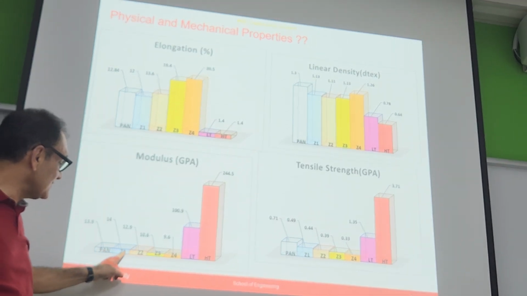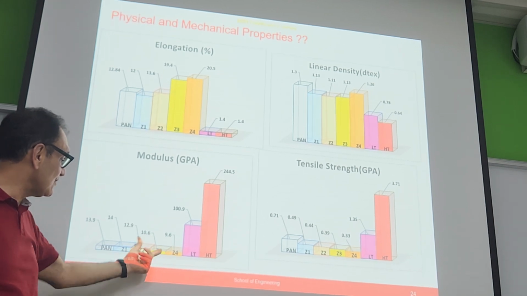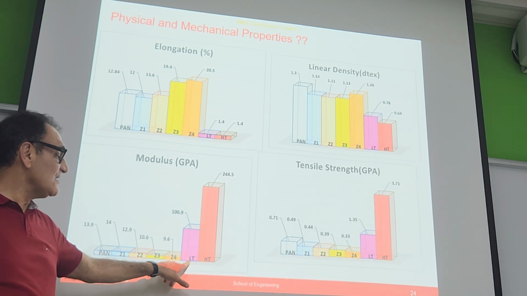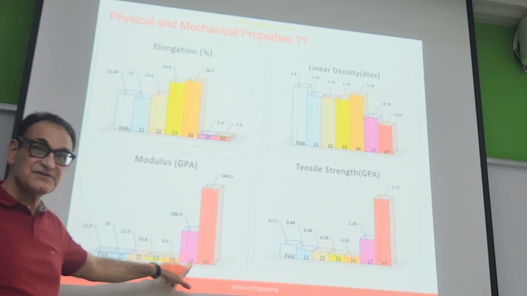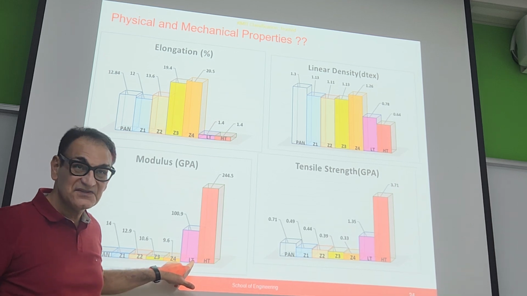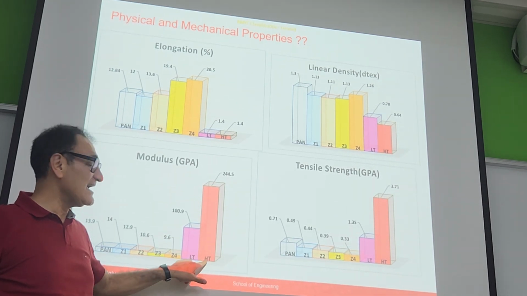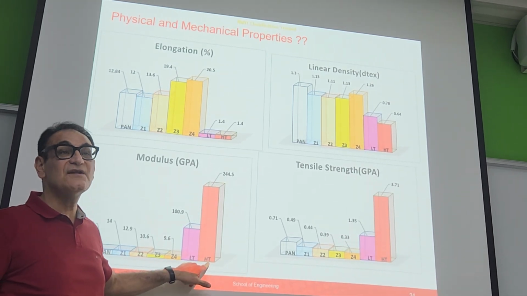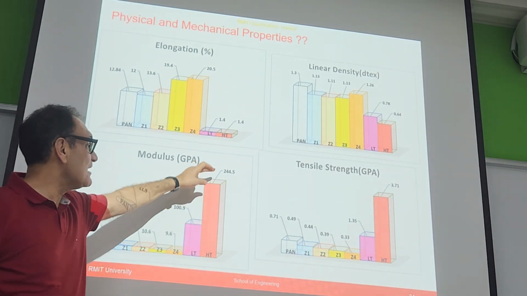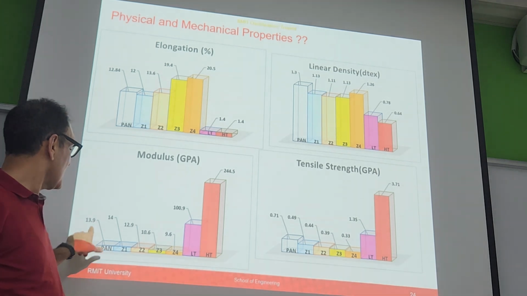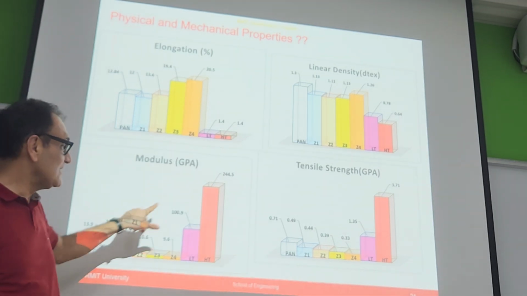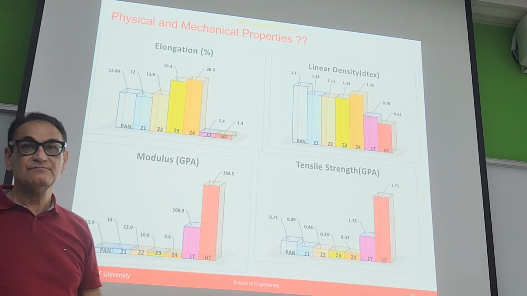But once it goes through zone 1, zone 2, zone 3, zone 4, it means stabilization. Then it goes to the LT, low temperature, 600, 700 degrees. Then it goes to the HT, more than 2000 degrees. We have a carbon fiber. How much is the modulus now? The modulus 13.9 becomes 244.